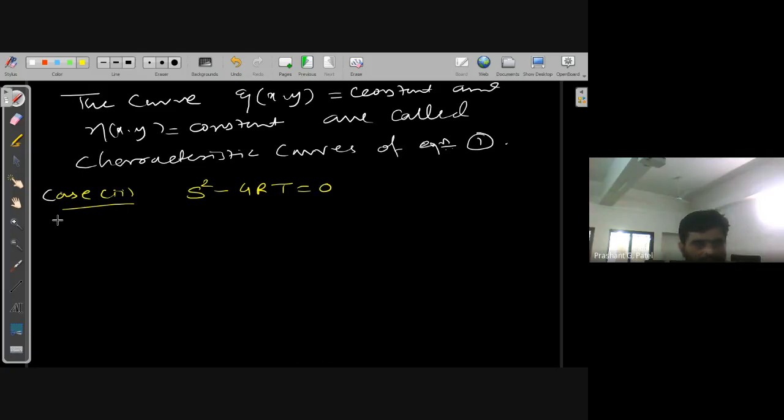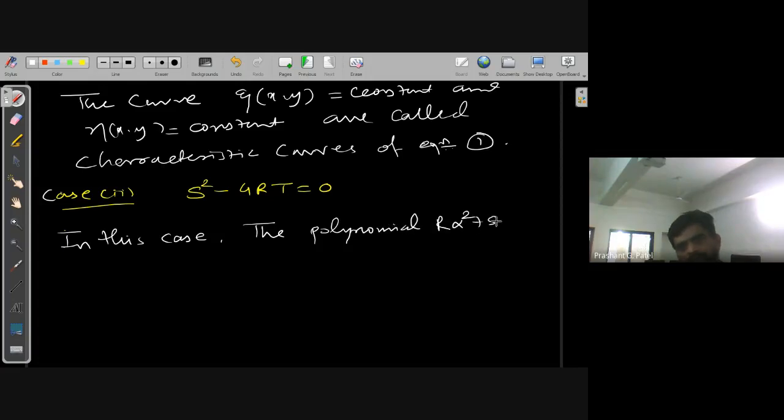In this case, the polynomial r alpha square plus s alpha plus t equal to 0, that is s square minus 4rt, like b square minus 4ac, is 0 here. If it is so, then we'll have two equal roots.